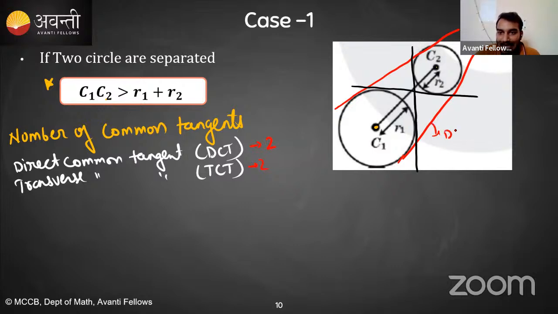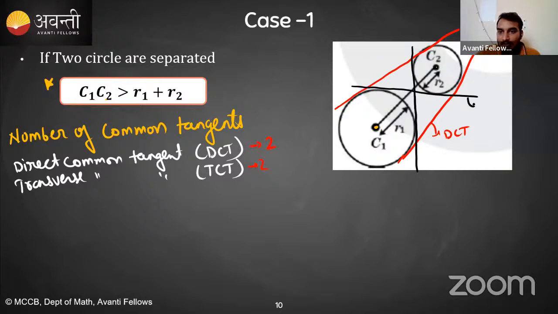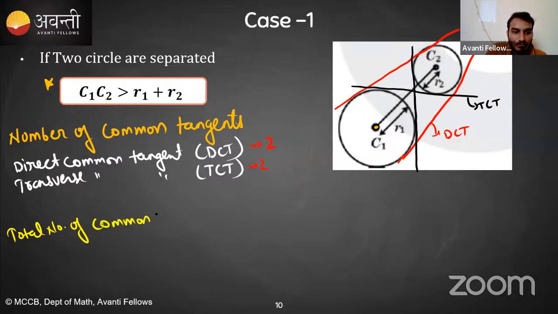So this is a direct common tangent and this is a transverse common tangent. If I ask you what is the total number of common tangents between the circles S1 = 0 and S2 = 0, it is 2 direct plus 2 transverse, so 4.